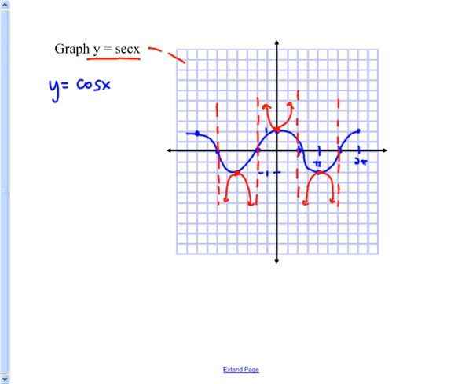And so the red is actually the graph of secant. What I did for secant and cosine's basics is I graphed sine and cosine, and then I put down the asymptotes, and then I used those key points and flipped up the other values.